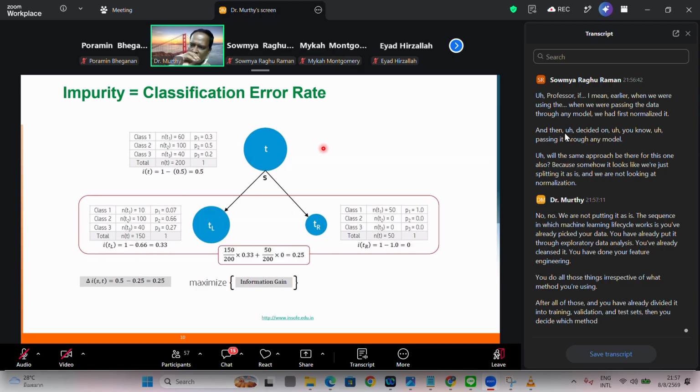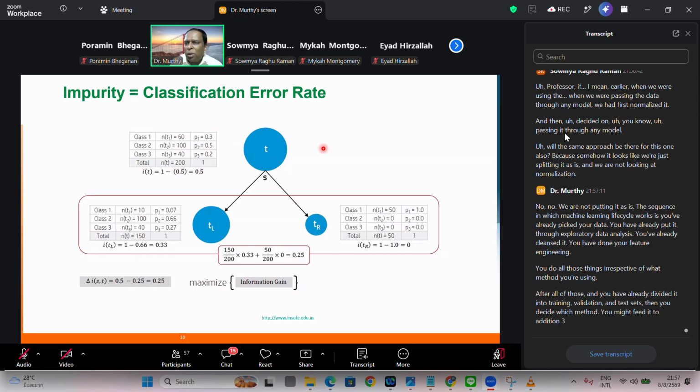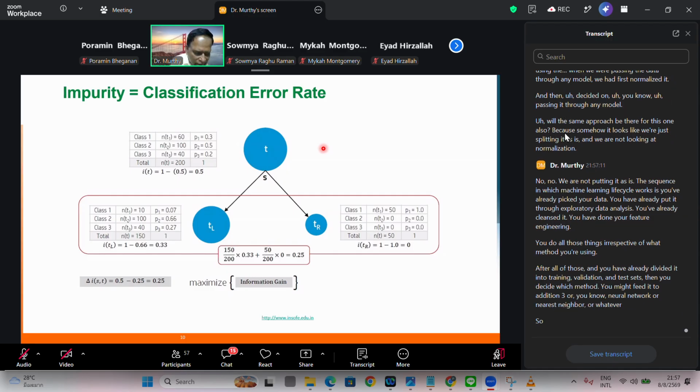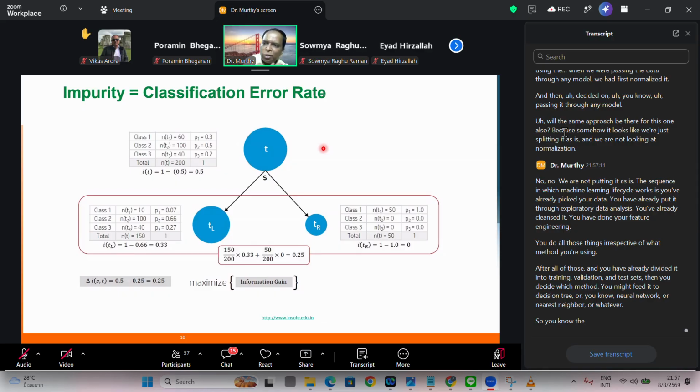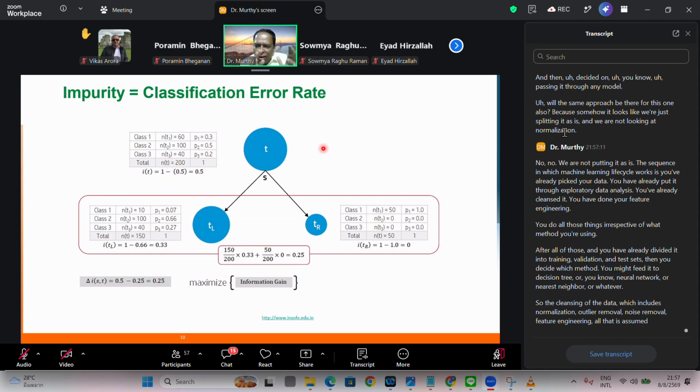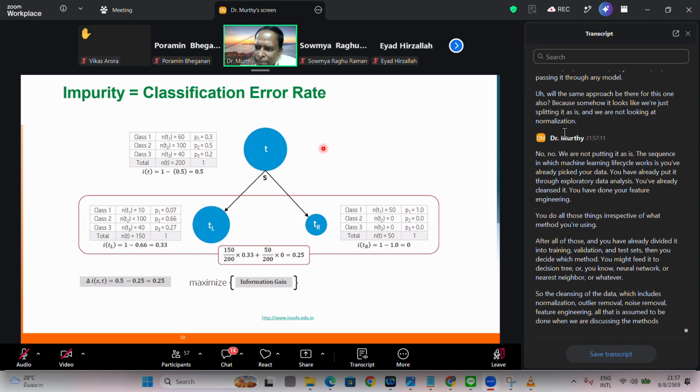You might feed it to decision tree or neural network or nearest neighbor or whatever. So the cleansing of the data, which includes normalization, outlier removal, noise removal, feature engineering, all that is assumed to be done when we are discussing the methods.